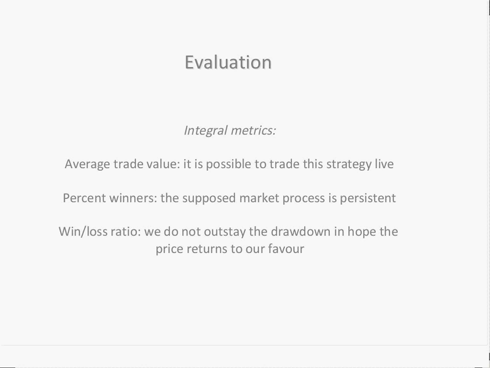It tells us whether this market process that we supposed is persistent or not. So normally we need to have at least 50% winners. And the win-loss ratio shows that we do not outstay the drawdown in the vain hope that price returns in our favor.